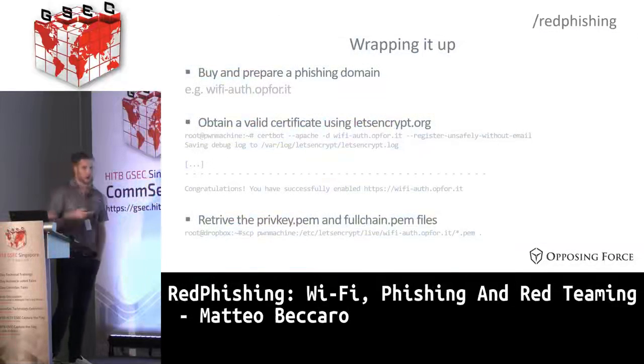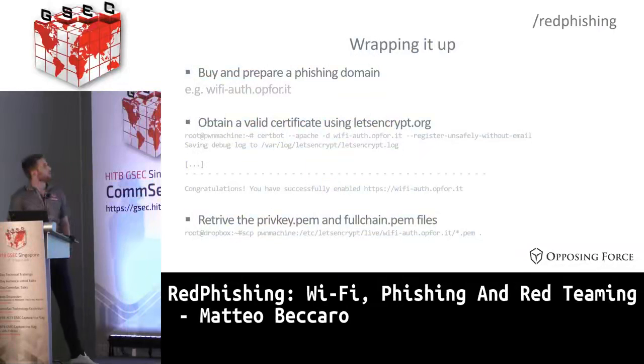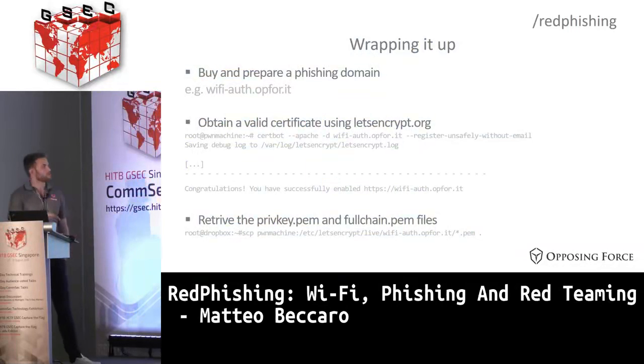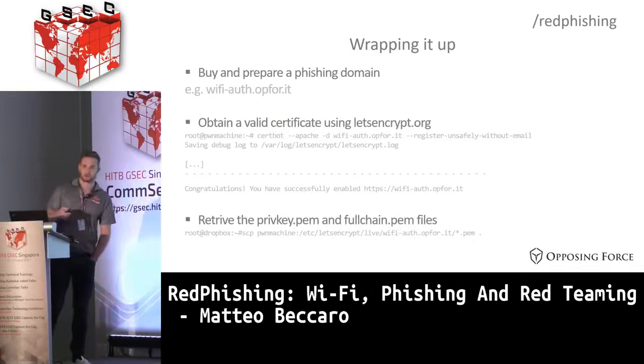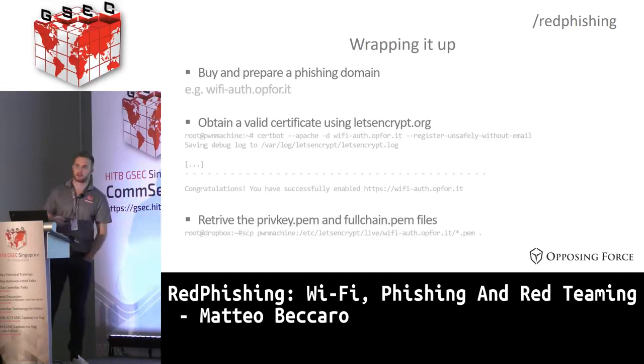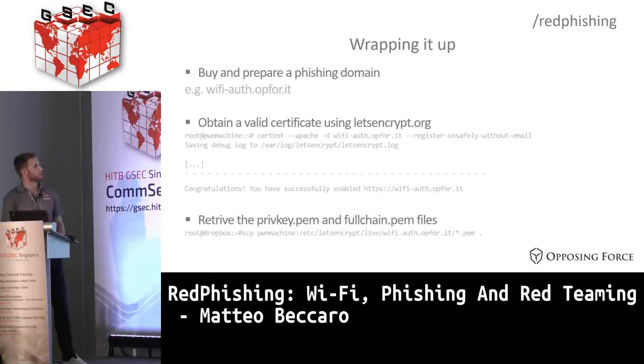So to wrap up, the idea is to create a phishing domain, a standard phishing domain, something that is similar to the corporation we want to attack. Here I used my company's website, opposingforce.it, and I tried to use op4.it. And then maybe a subdomain to make it more realistic, okay? Then we use certbot, the tool that Let's Encrypt provides, to create a new certificate for our subdomain.